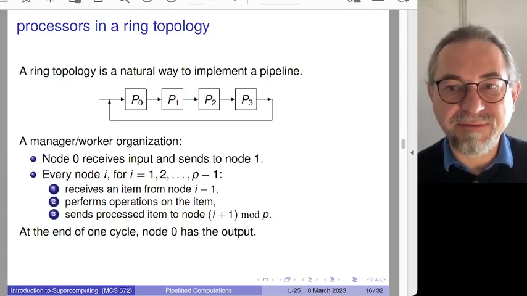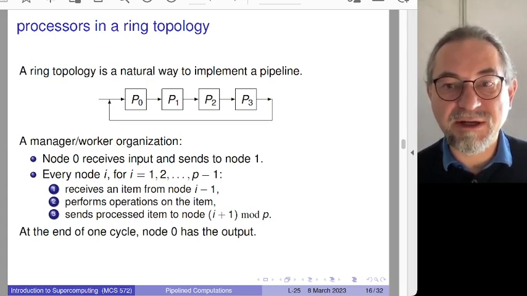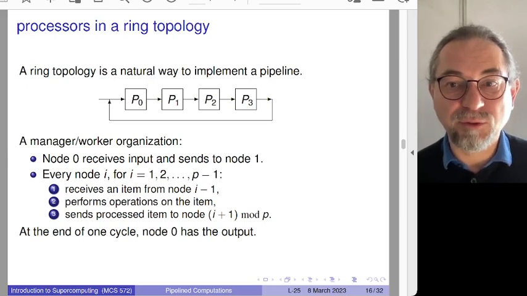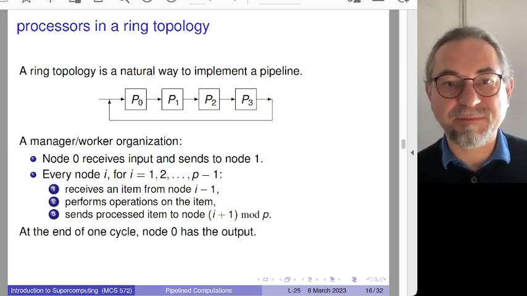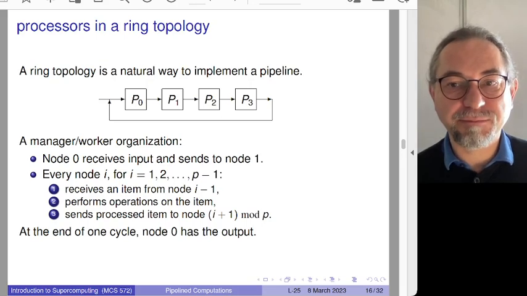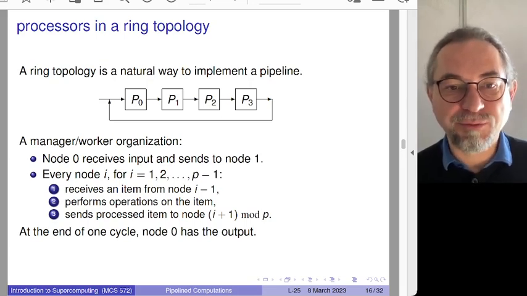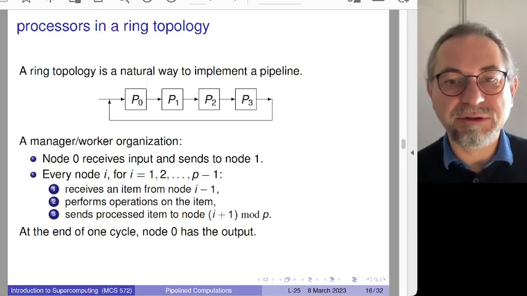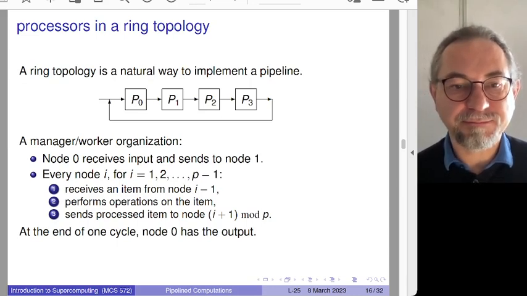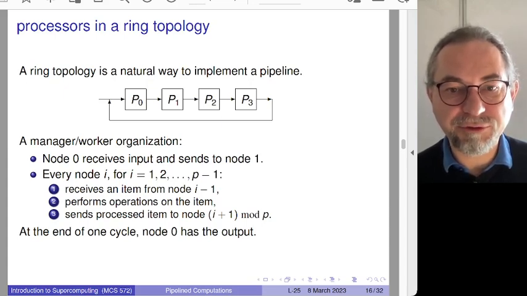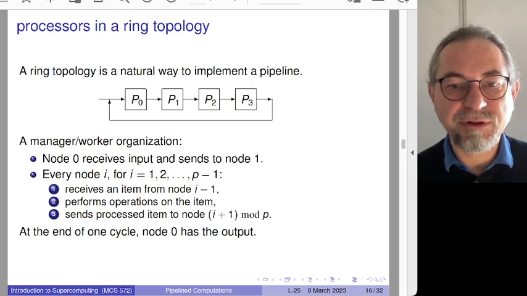And the receiving happens from the processor with one index less, except for the first processor P0, which will receive from the last processor. So there is this mod P instruction when we compute the destination of each send. And one has to be careful, of course, with the receiving.